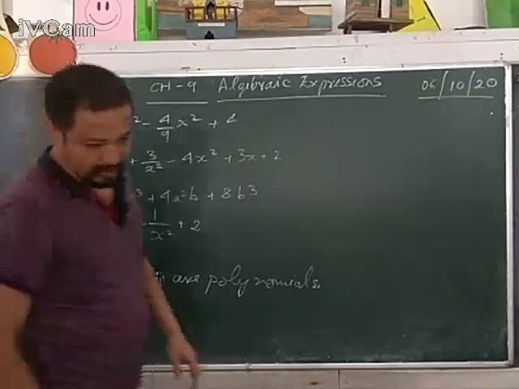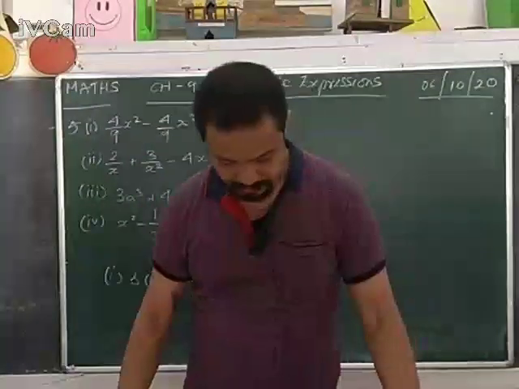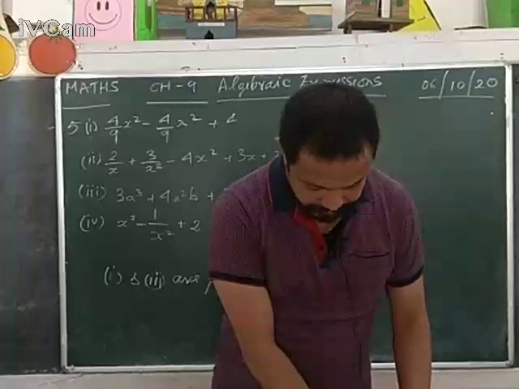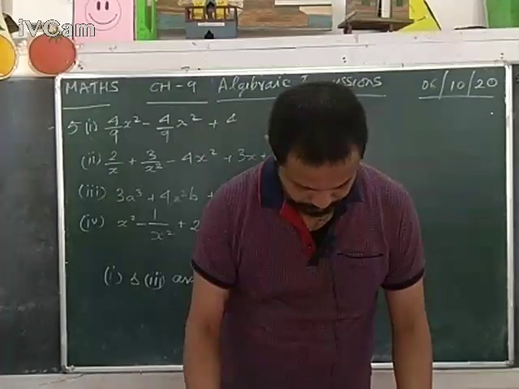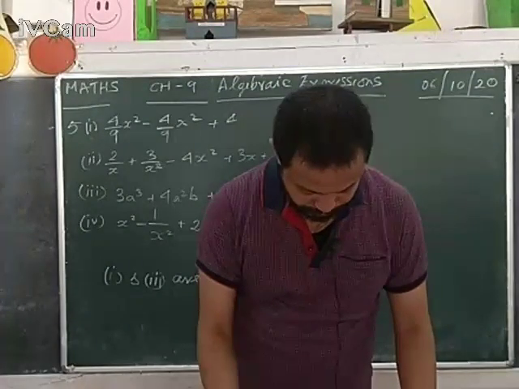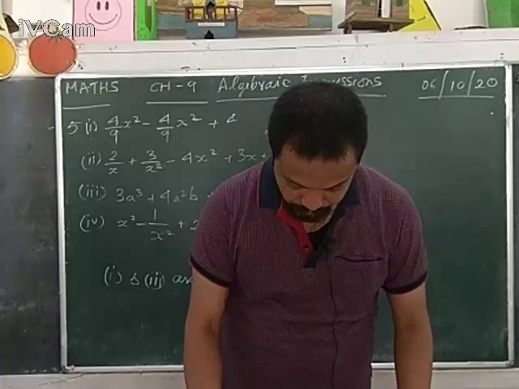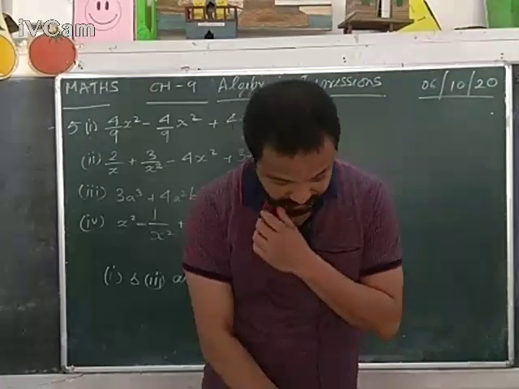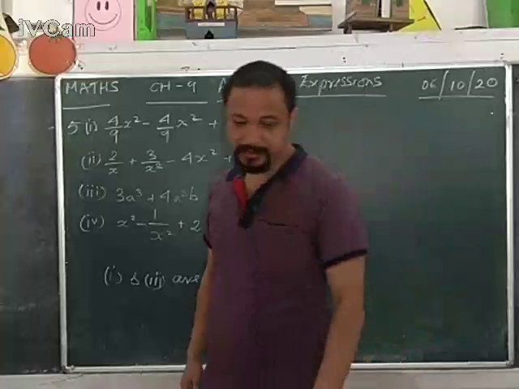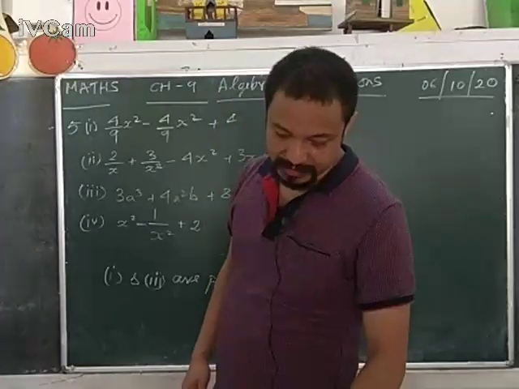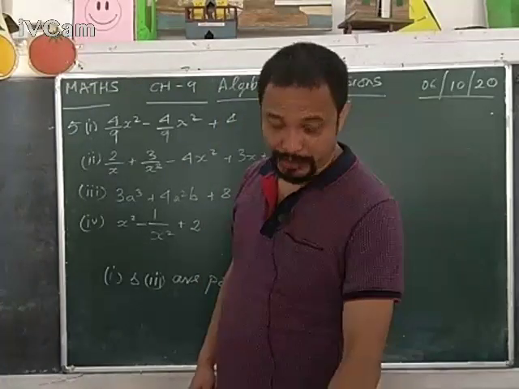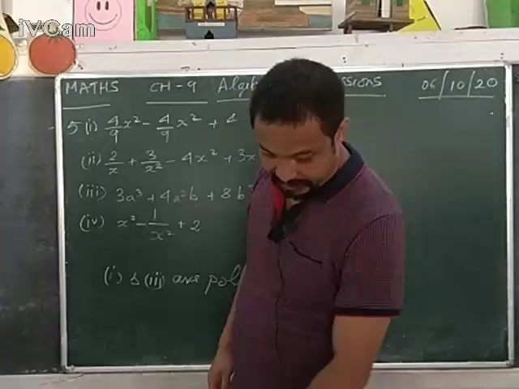if we go back to page number 152, not 152, 153, an expression containing a term of the form 1 upon x, 1 upon x square.